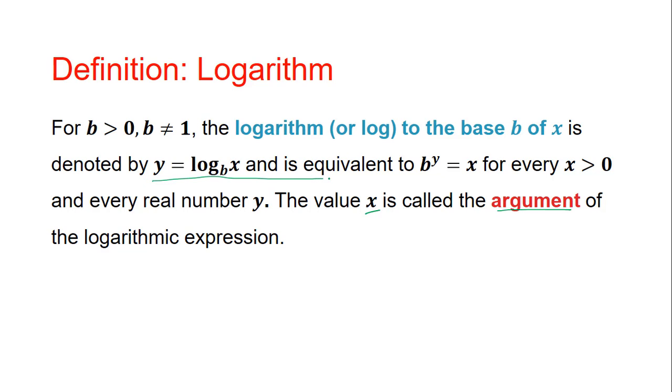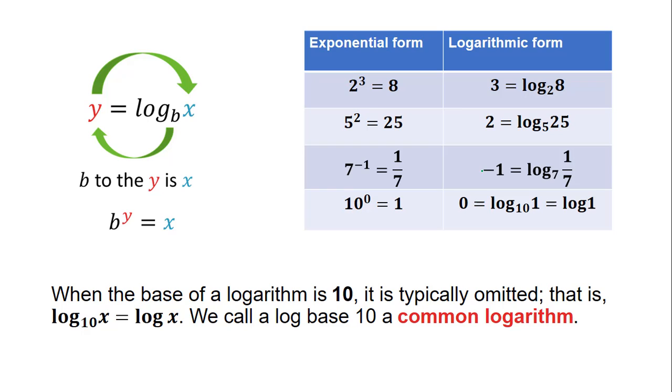So this is the most important part of this to me. The way to relate a logarithm to its exponential form, y equals log to the base b of x, is equivalent to b to the y equals x. And I have a graphic here to show you this. So the base always stays the base. If it's the base of the log, it's also the base of the exponential expression.